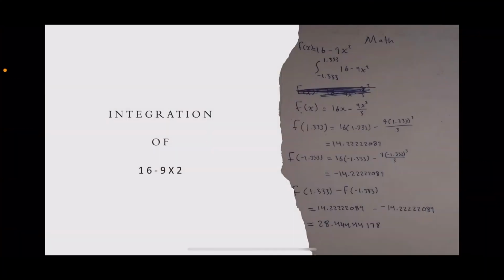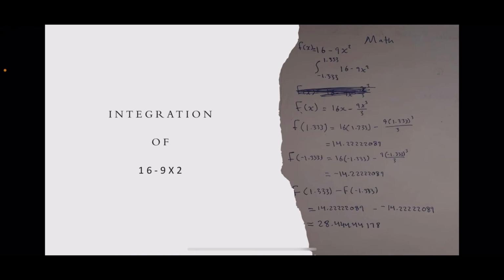Alright, so right here we're going to talk about the integral of 16 minus x squared. Well, f of x equals 16 minus x squared, going down to 1.333. 16 minus x squared minus 1.333.